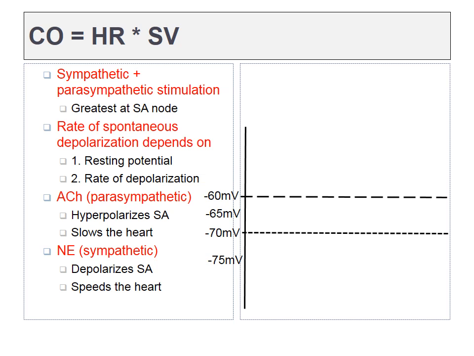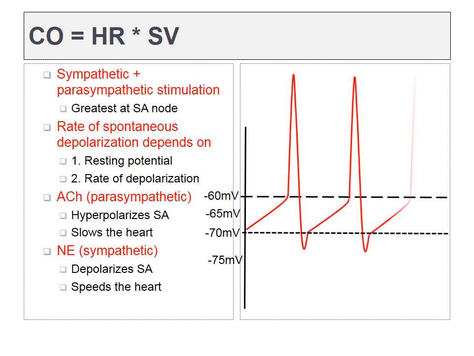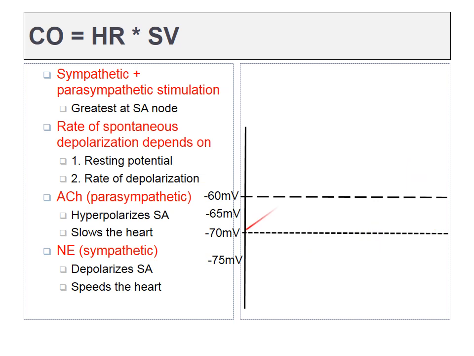Just to review, the SA node can be depolarized or hyperpolarized by sympathetic or parasympathetic neurons, and that'll change where we start from, but the threshold is always the same. The SA node will depolarize spontaneously to reach threshold.